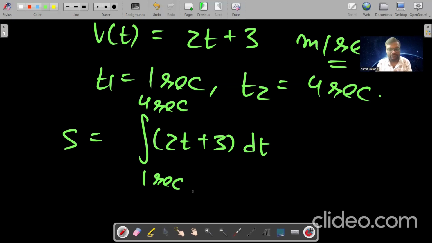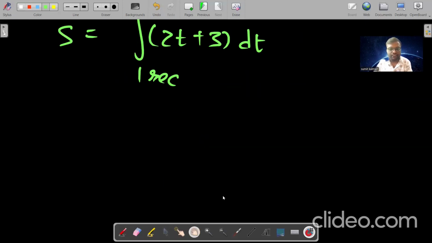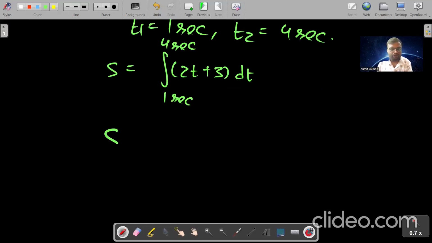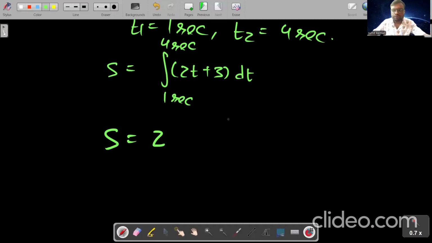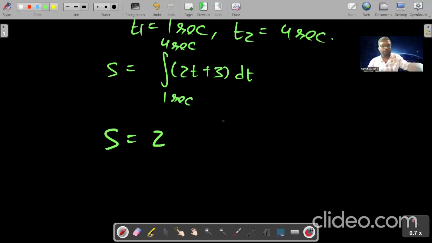Now, students, if you integrate this, how much will it come? Here 2 is a constant, so 2 will go outside.